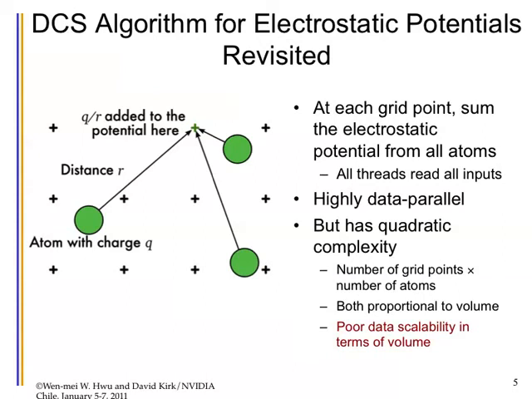That is, the amount of computation is proportional to the number of grid points multiplied by the number of atoms. When you have a large volume to simulate, both are proportional to the volume. The bigger the volume, the more lattice points, and the bigger the volume, the more atoms you're going to have. So it becomes n squared, where n is the volume. This gives you very poor data scalability in terms of volume.